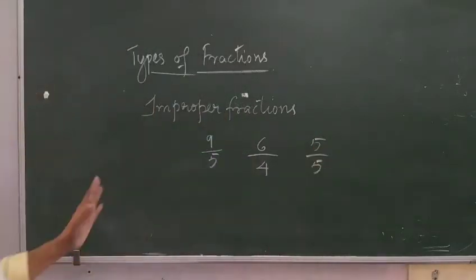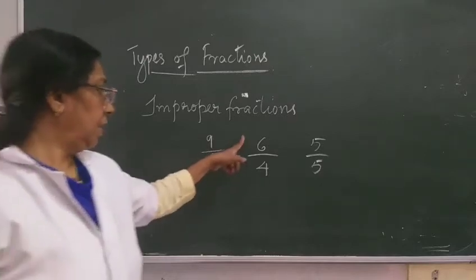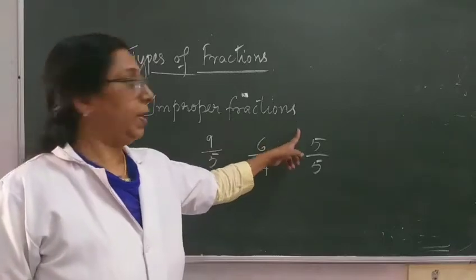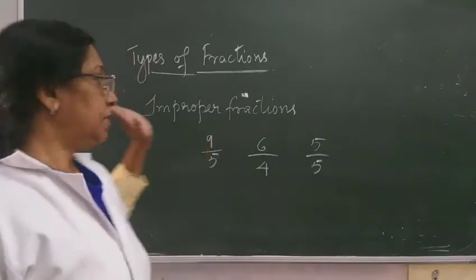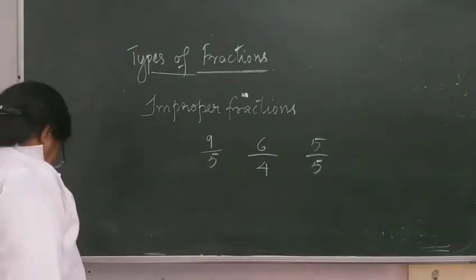All are improper fractions. Here, this numerator is greater than the denominator. Here, the numerator is greater than the denominator. Here, both are the same. Numerator and denominator are the same. Such fractions are called improper fractions.